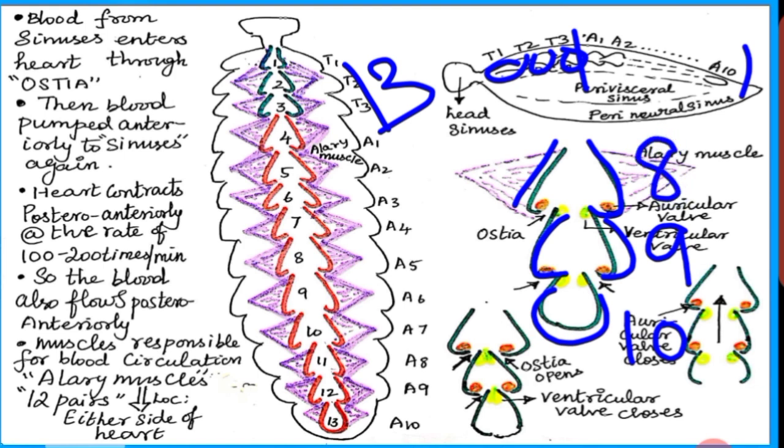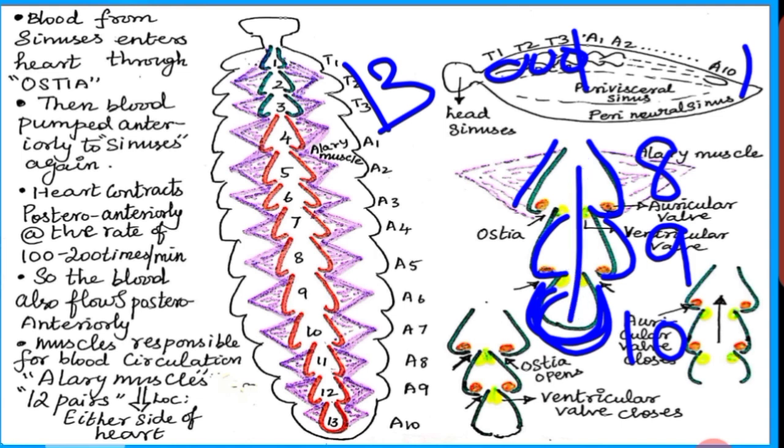Got it? The 10th chambered heart is closed like a sac and doesn't have any opening at all. What is the purpose of the 10th chambered heart? It pumps, with pulsatile action, the blood in the posterior to anterior direction.